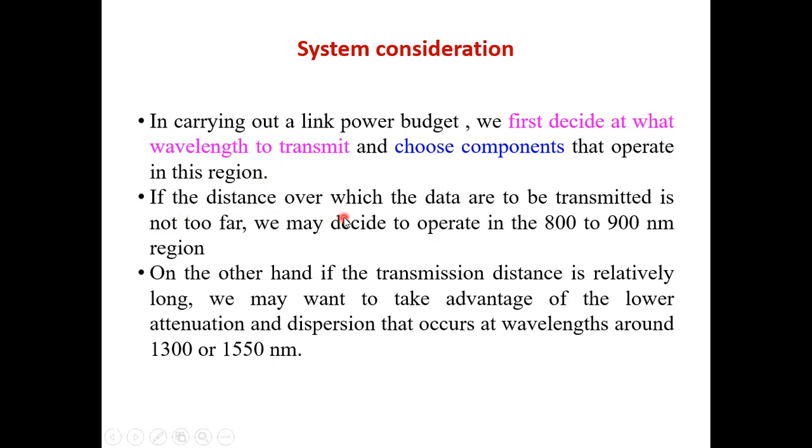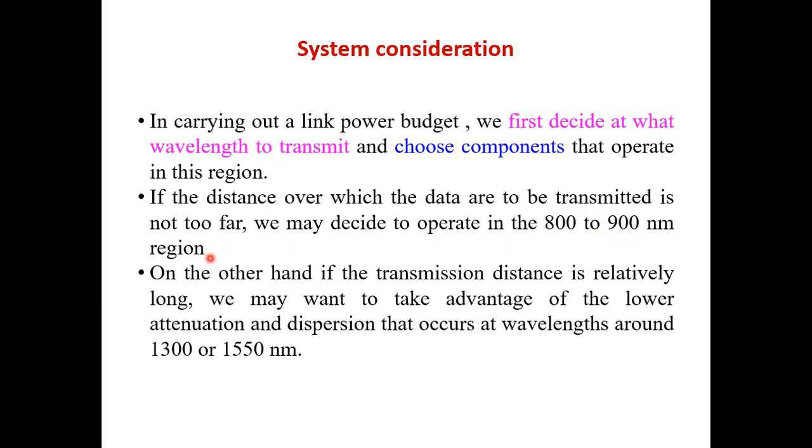If the distance over which the data are to be transmitted is not too far, we may decide to operate in the 800 to 900 nanometer region. We went from 850 to 1310 to 1550 nanometer because we saw that attenuation was increasing over distance, and that attenuation was less at higher wavelength.